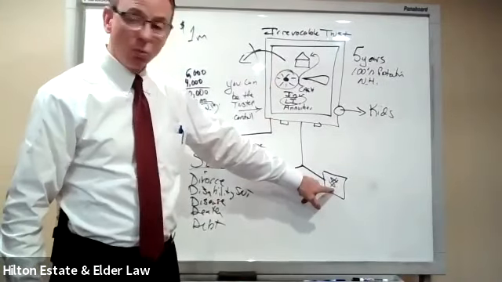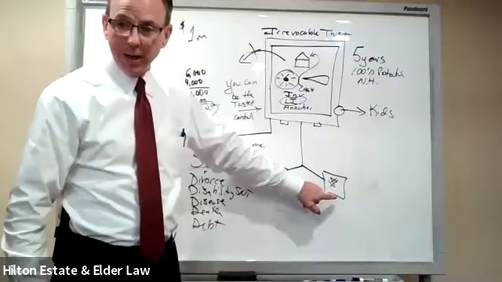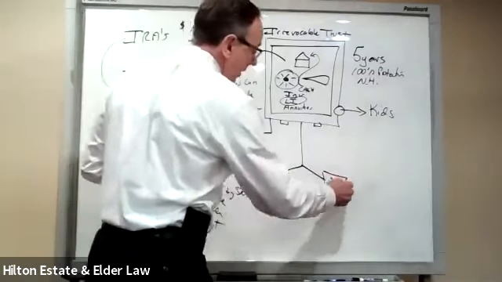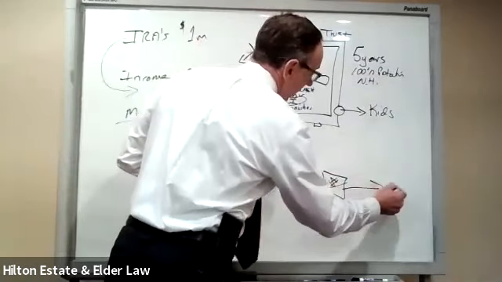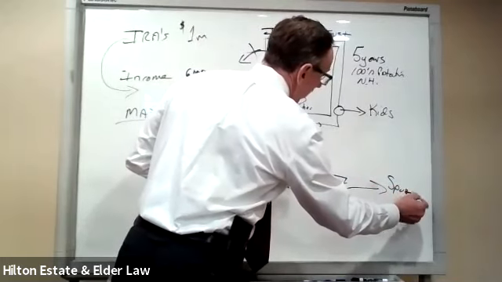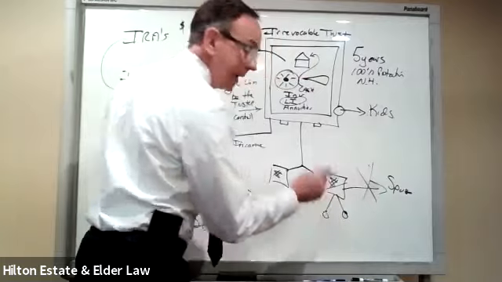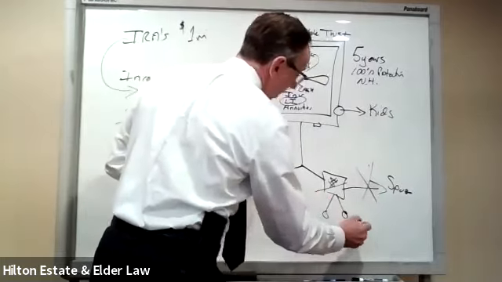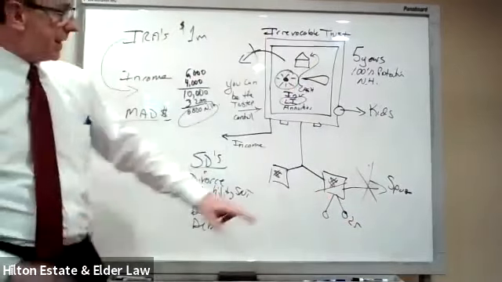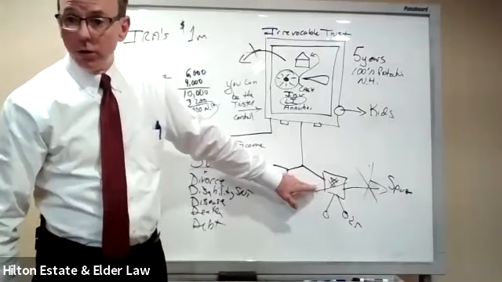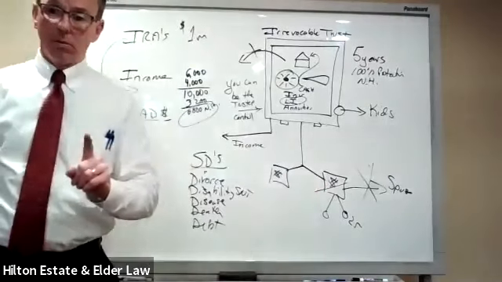Now, this trust has rules in it that says what happens if this person dies. This person dies, instead of it going to the spouse, it doesn't do that. It goes down to the children, the grandchildren, and again, in trust for them. So what we've done is protected against the unforeseen death of this person after you die.